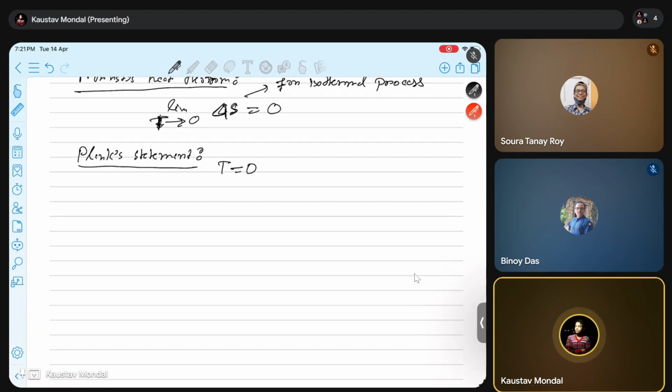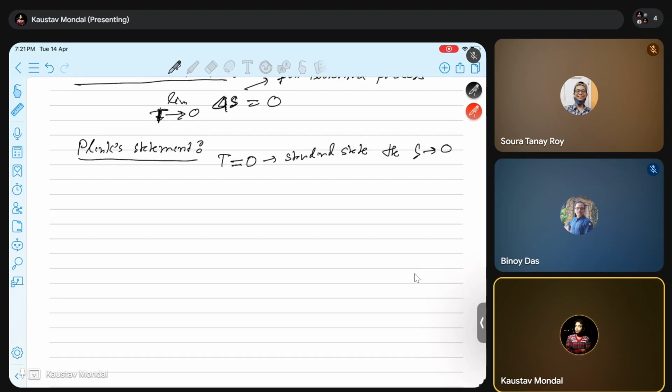At T equal to 0, this is known as the standard state, the entropy of the state is also equal to 0. So S should also be equal to 0. If T is equal to 0 at the standard state, the entropy is also equal to 0.